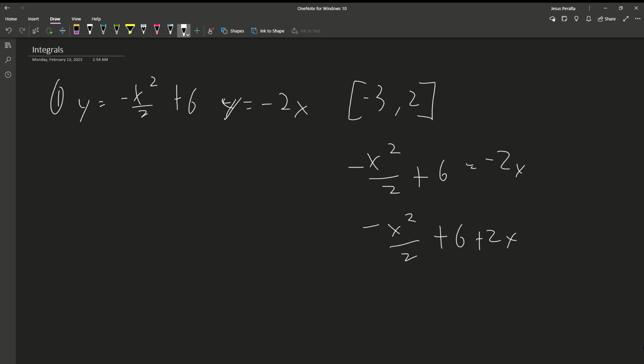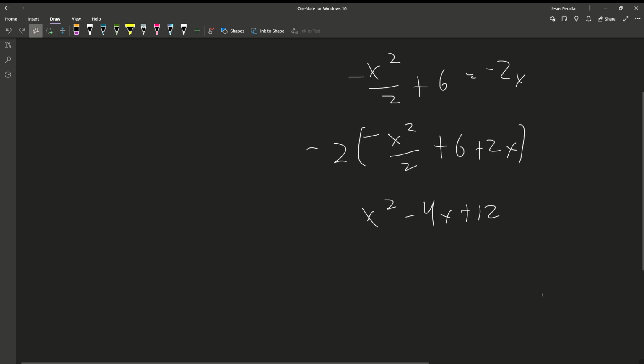So if we multiply negative 2 to the whole thing, we're going to get x squared minus 4x plus 12.